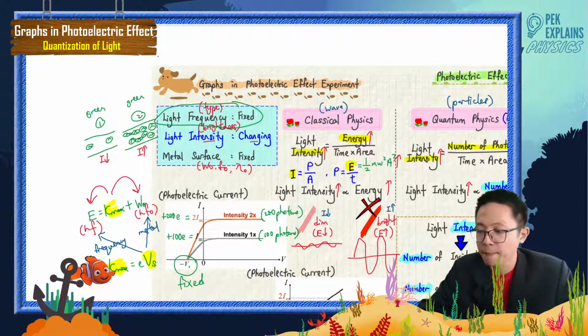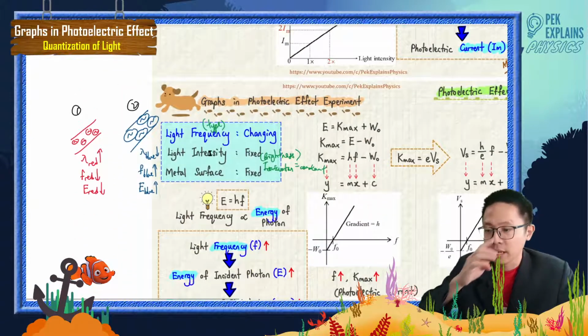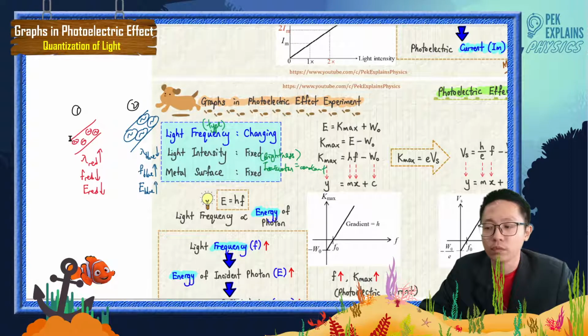The energy of each photon is still the same. In the second case we fix the intensity, meaning we fix the number of incident photons, but we change the frequency, meaning we change the type of light. One has less energy per photon, but the other has more energy per photon.